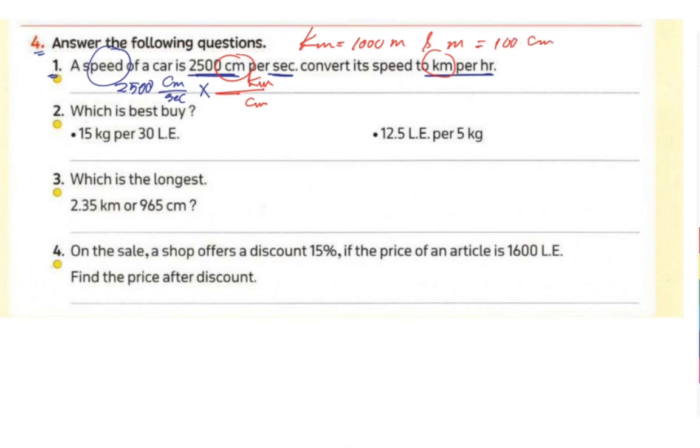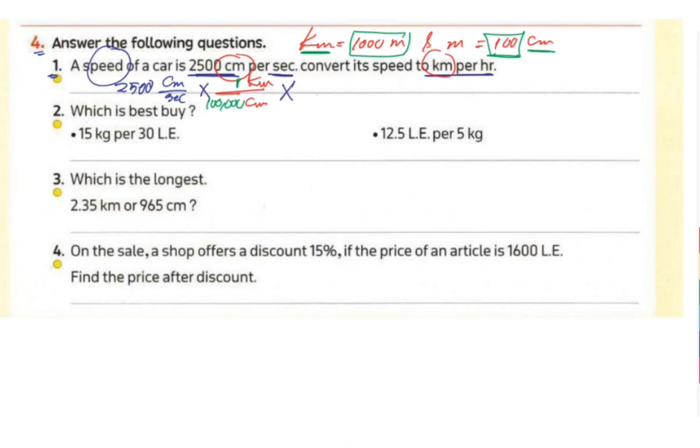That's it. Enough. I need to convert from kilometers to centimeters. So I have 1000 times 100. That equals what? 100,000. So the right number here is 100,000. Yes, here we have 1 kilometer equals 100,000 centimeters.